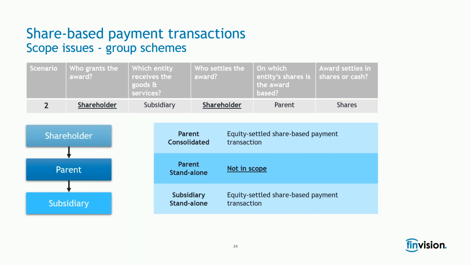For the parent as a consolidated total, obviously, if the subsidiary has an equity settled share-based payment transaction, the consolidated financial statements will have those as well. So here it's just for the parent standalone figures. They are no longer a party, or directly a party, in this transaction.